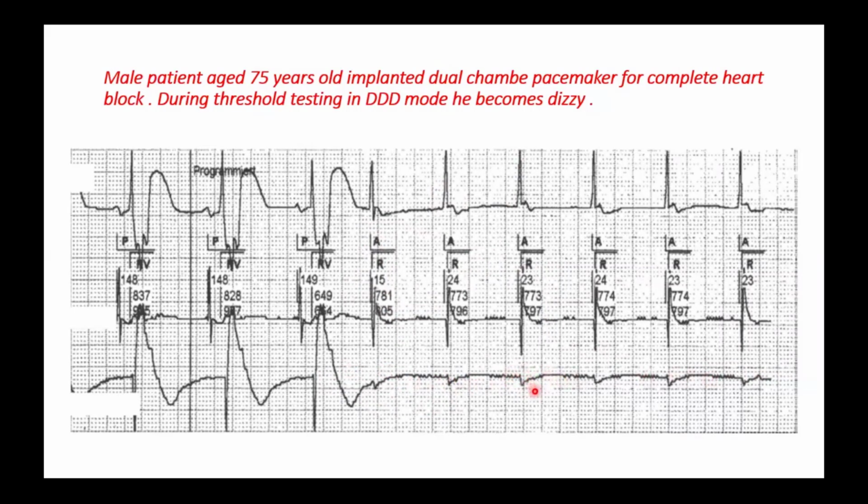The ventricular EGM is just sensing the atrial pacing, and there is asystole of the ventricle. Here just atrial pacing, atrial pacing, atrial pacing.